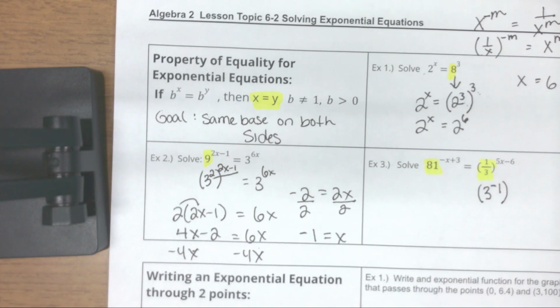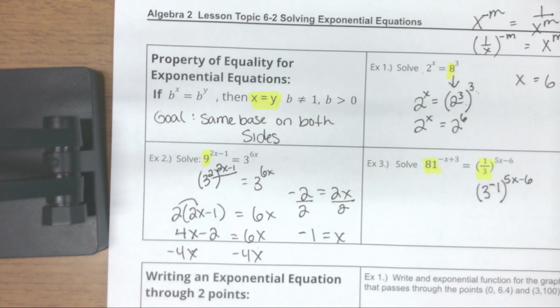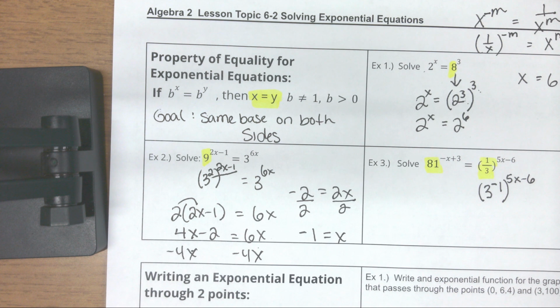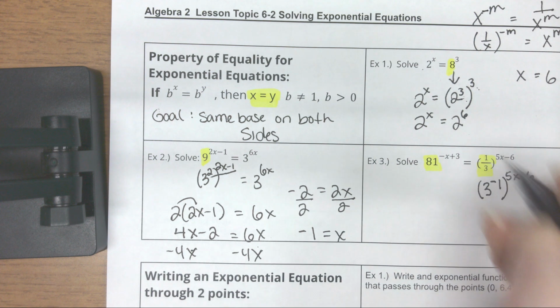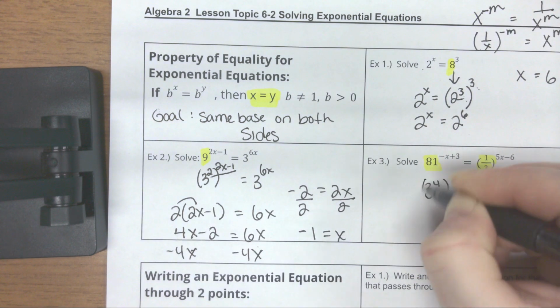I don't know why I made it so big, but now it's done because it's in pen. All right, we still have a 5x minus 6 there. If you need calculators, get your calculators out. 3 to what power gives me 81? Let's see, 3 squared is 9. 3 to the third is 27. 3 to the fourth is 81. So this side I'm going to write as 3 to the fourth, and then negative x plus 3.